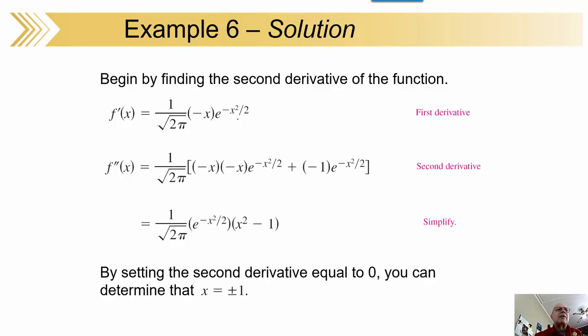If you set that equal to 0, you can find that x is plus or minus 1. The graph of that standard distribution has an inflection point at positive and negative 1.